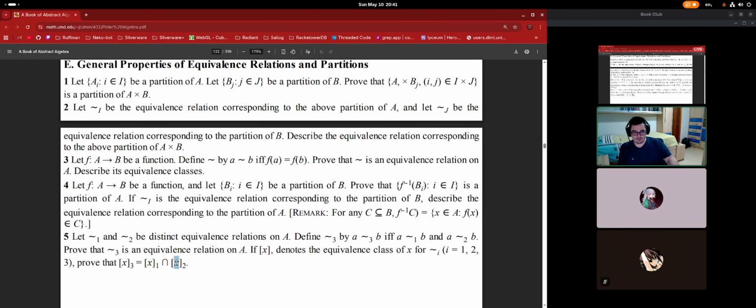But this is a little different because this is using two different sets, and this one is using a single one. But that's it. Everything else is the same, isn't it? Right, it's the same thing, but instead of two sets, it's the same one, but we have two different equivalence relations.